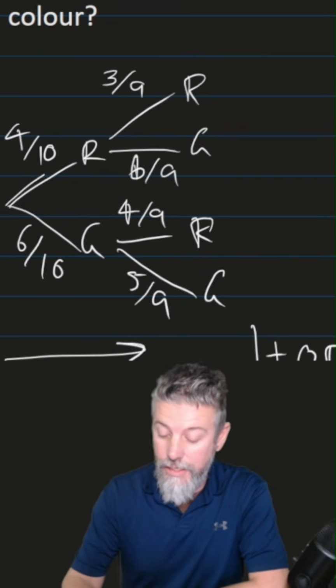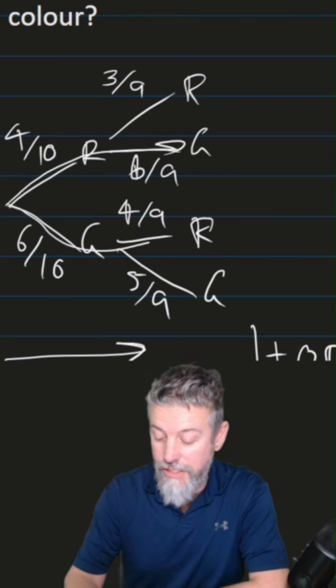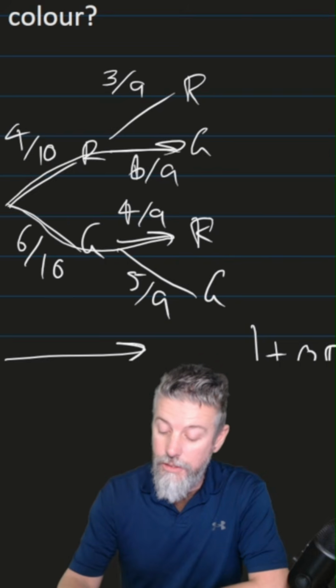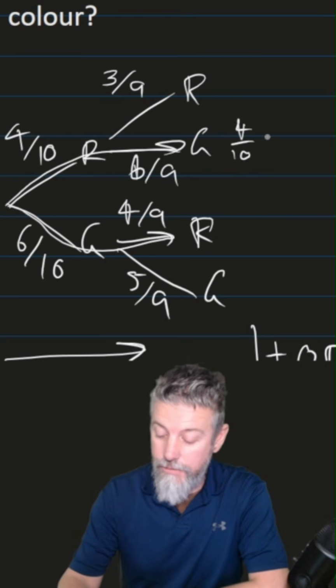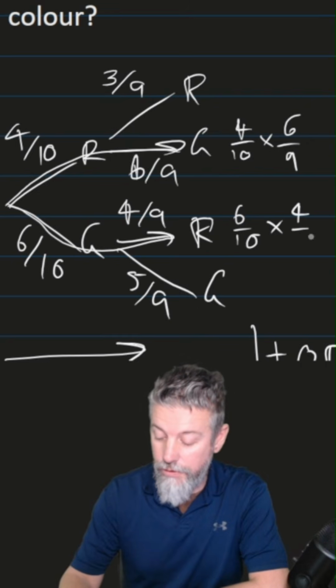So what we're after is the ones that are not the same: green, red, and red, green. So we've got 4 over 10 times 6 over 9. And we've got 6 over 10 times 4 over 9.